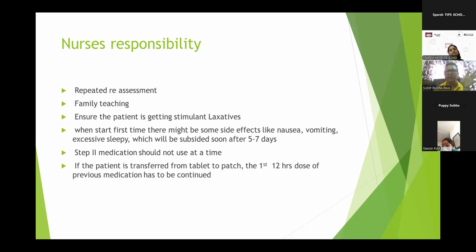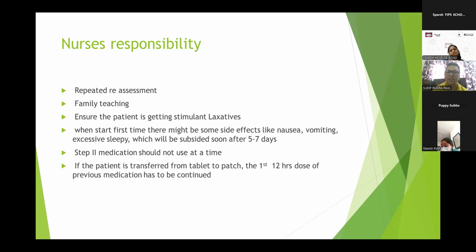If tramadol is tied up with some of the receptors, morphine cannot work on those receptors. If morphine is bonding with some of the receptors, tramadol cannot work. Because of this effect, the pain relief will not be adequate. That's why step 2 and step 3 should not be used at a time.